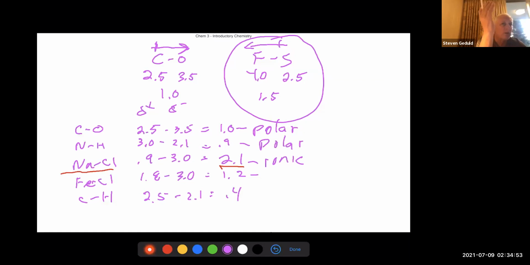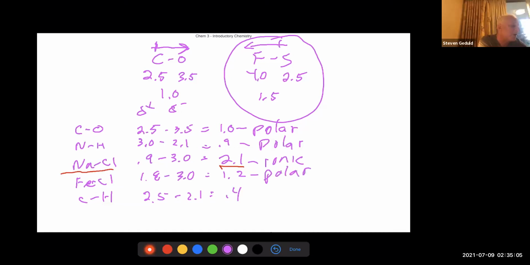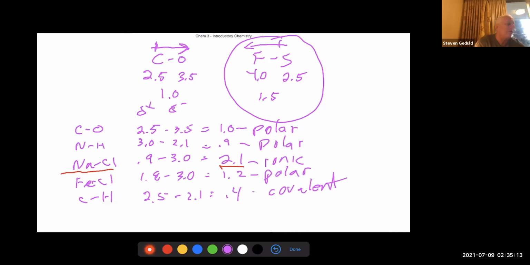Remember, ionic is greater than 2. Covalent is less than 0.5. Between 0.5 and 2 is polar. Just polar. Perfect. And carbon hydrogen bond is covalent. It's less than 0.5. Perfect. You got it. That's polarity.